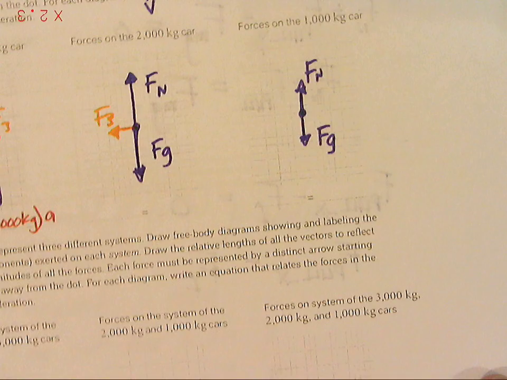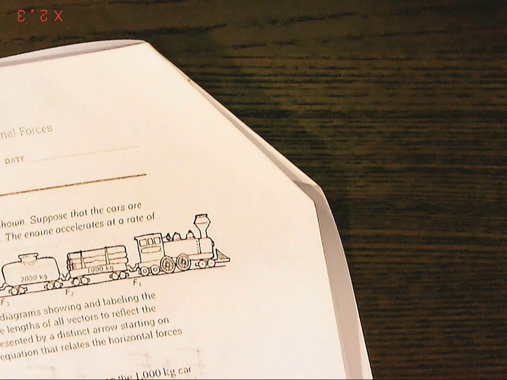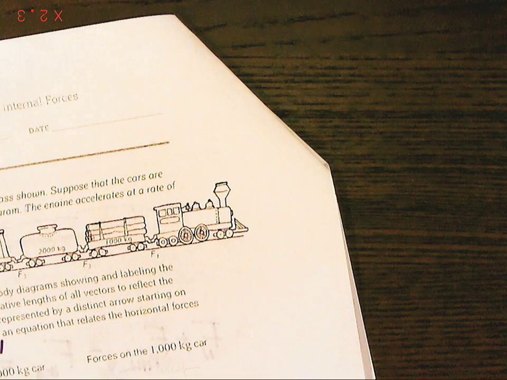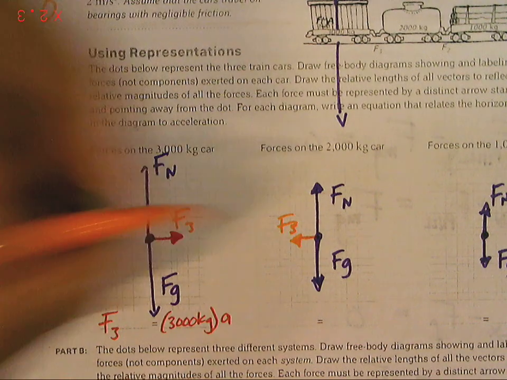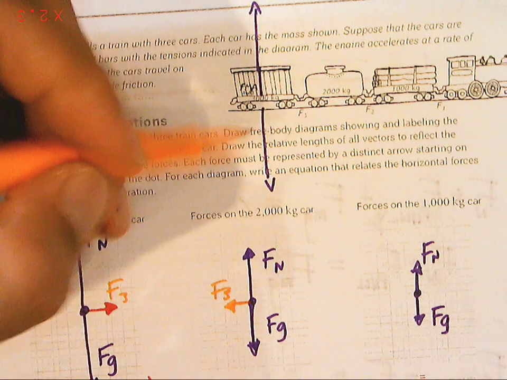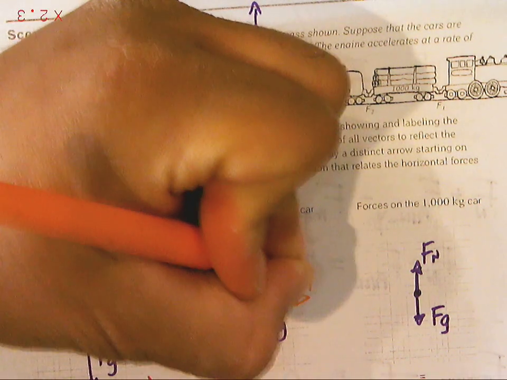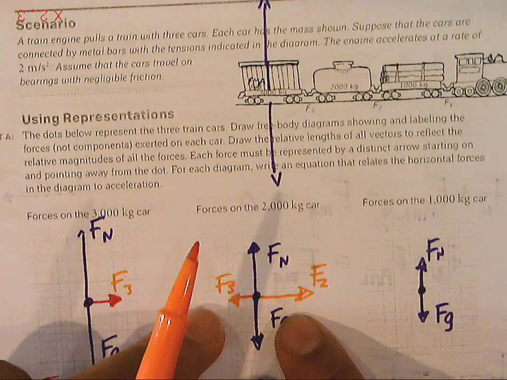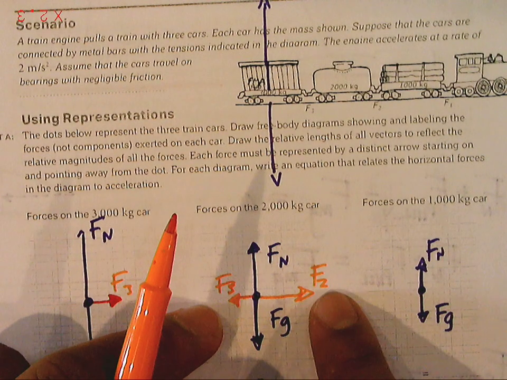So if I look at this, I have to remember that the actual force is coming from the, it's not the caboose, I guess the actual train engine at the front. Then this force F2 on the second cart has to be greater than F3, so that there's still acceleration in the horizontal.